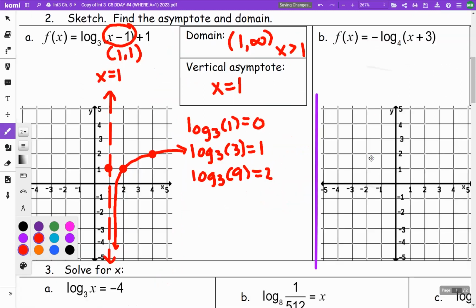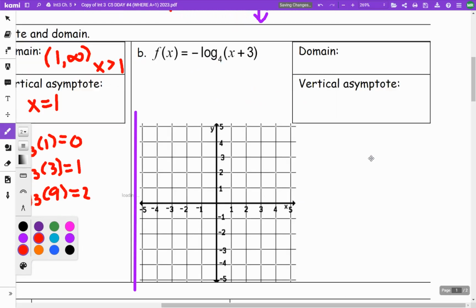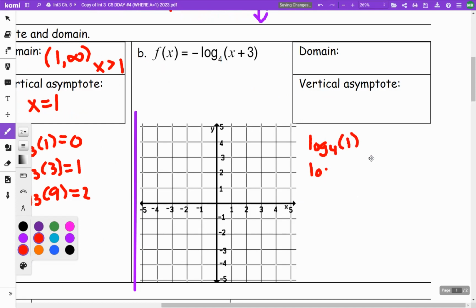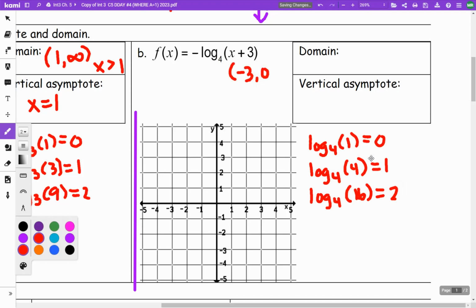For B, this is going to be log base 4. So I'm thinking log base 4 of 1, log base 4 of 4, log base 4 of 16. So this is going to be a 0, this is going to be a 1, this is going to be a 2. Now, my locator point for this is going to be -3, 0.